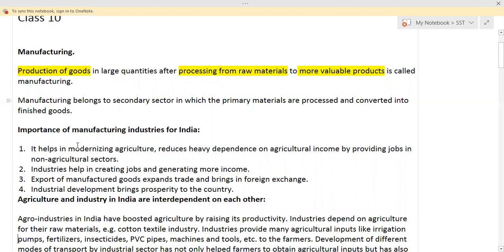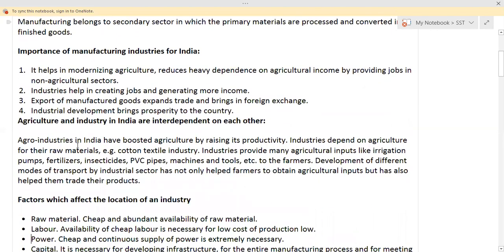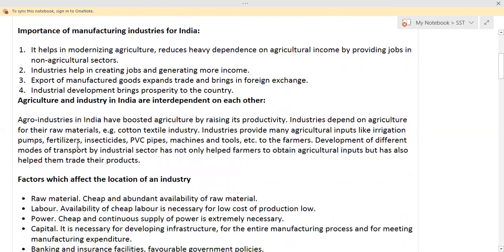Importance of manufacturing industries for India. What is the importance of manufacturing industries in India? It helps in modernizing agriculture and reduces heavy dependence on agricultural income by providing jobs in non-agricultural sectors.